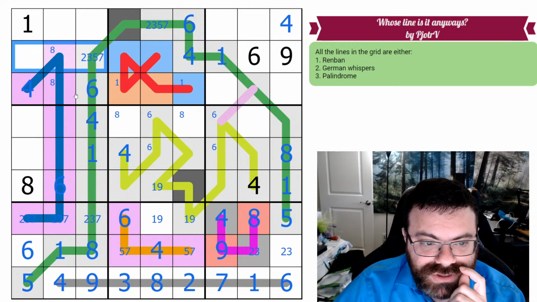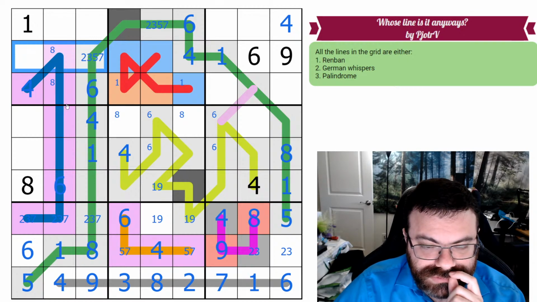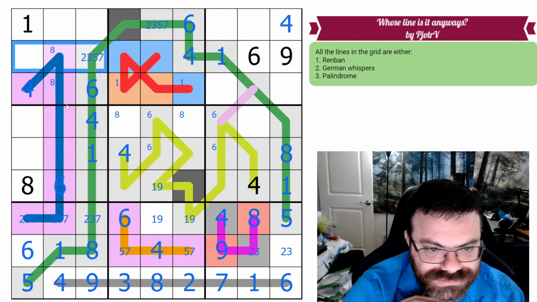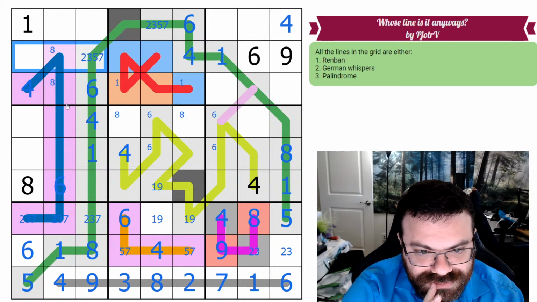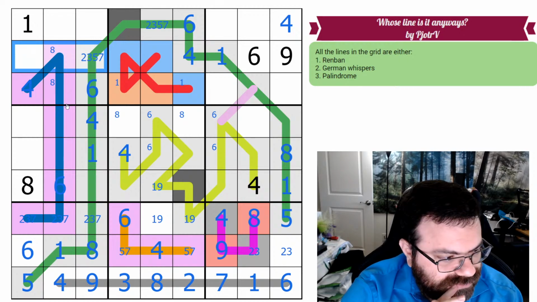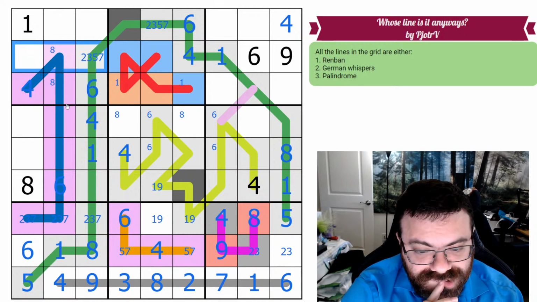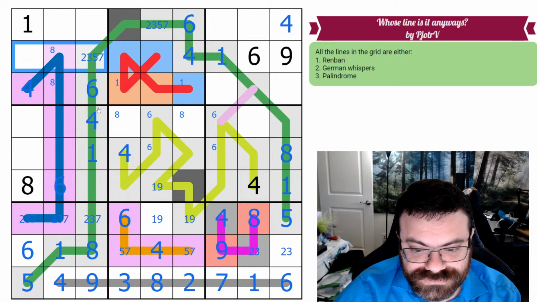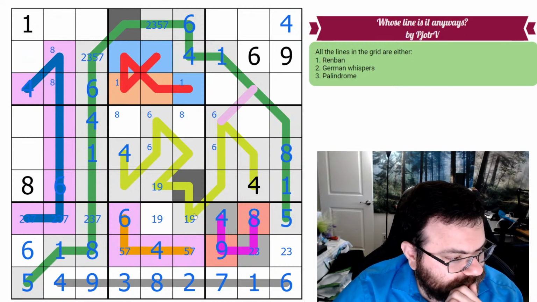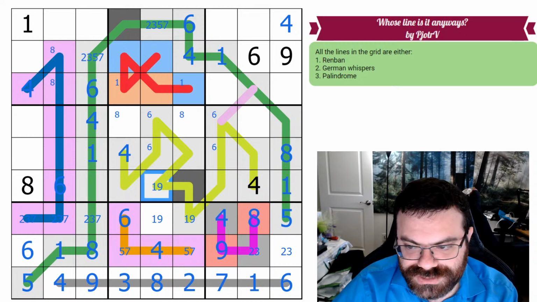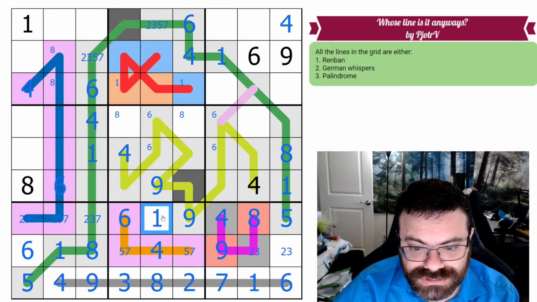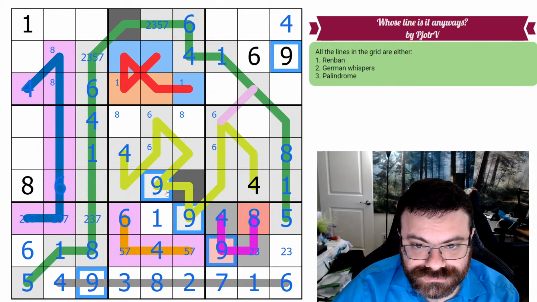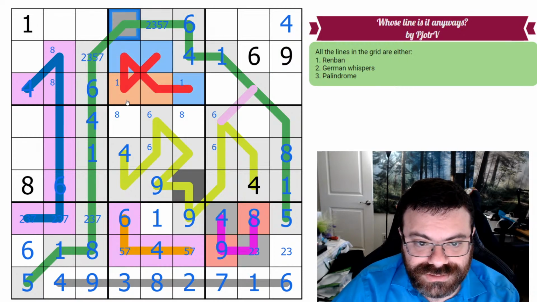Nine. Well, we know there is a 9 on the Renban line. The Renban line is 2, 3, 4, 5, 6, 7, 8, 9. Row 6, column 9. Oh, this one does see here, so that's 9s, that's 1. 9s are in one of these two.